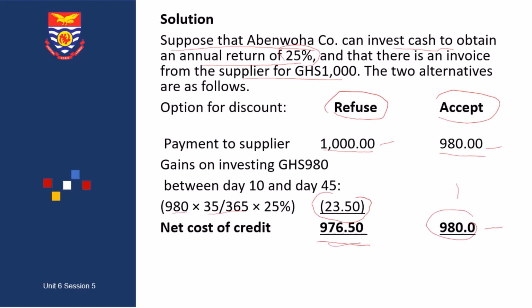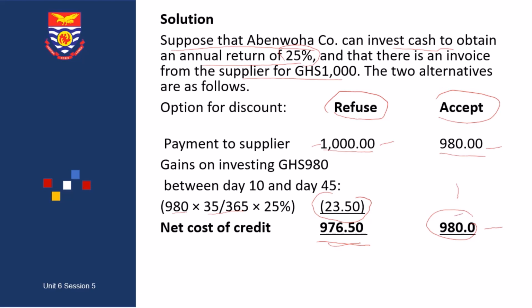So it means it's rather better to refuse the offer and invest the 980 within the 30 days extra to get the 23.5 gain, which will reduce the 1,000 cedis amount that you pay here. We are getting 976 if you refuse, and 980 if you accept.